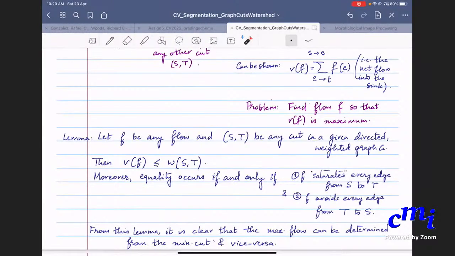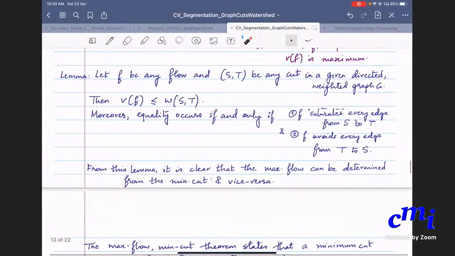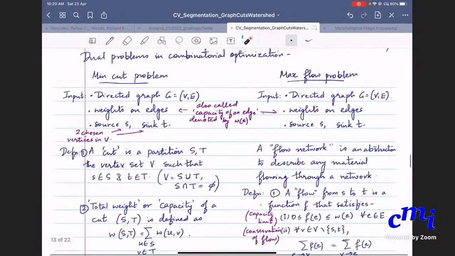Essentially, if you have determined a minimum for this, then that is a maximum for this, and vice versa. If you have determined a maximum for Vf, then a cut that satisfies that is going to be the minimum cut. So this is the lemma that says that one problem is equivalent to the other.